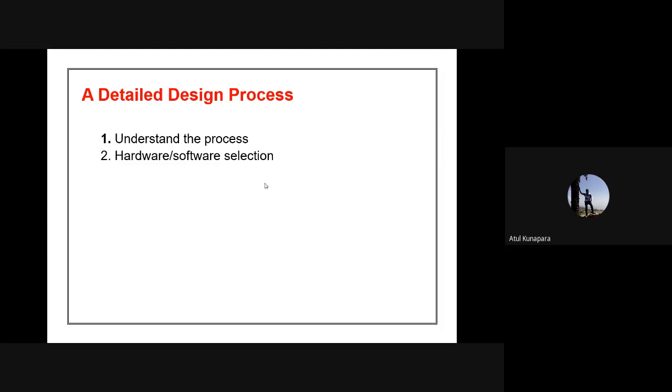Then you can start developing the logic, or program. Once you have understood the process and selected the PLC, you can start developing the program or logic. After getting the program, you can start deciding the scan time and the memory requirements. So this is how we go with the design process.